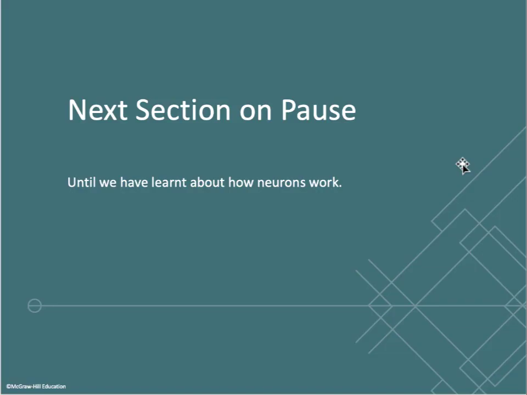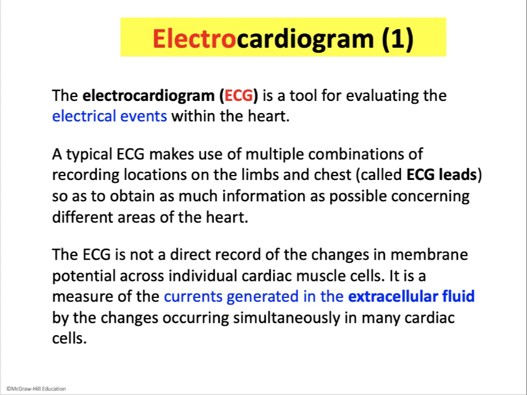The next section of the chapter can be bypassed and will be included when we discuss in another video how neurons function. Reiterating what we just mentioned about the electrical conductivity of cardiac muscle, the ECG can be used to monitor the behavior of those cycles.